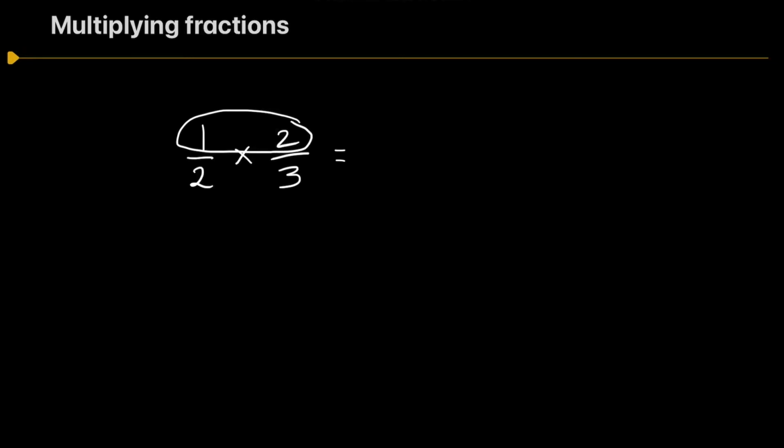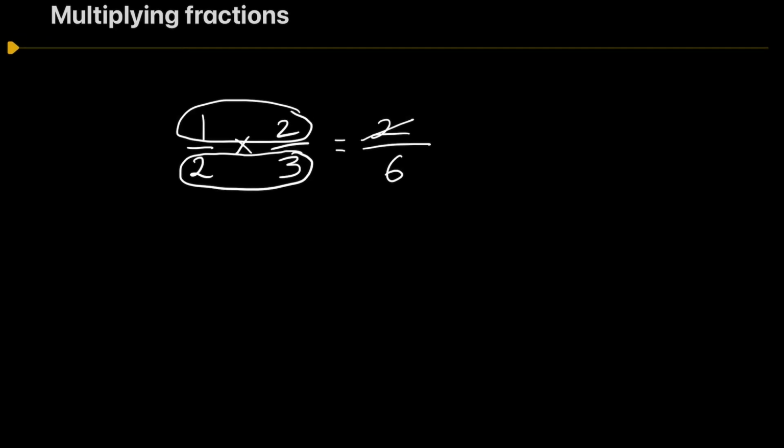So 1 into 2 is 2. And then multiply the denominators together, which will give you 2 into 3 is 6. And then you simplify it. So you can simplify both by 2. So 2 divided by 2 is 1 and 6 divided by 2 is 3. So that will give you the fraction 1/3.